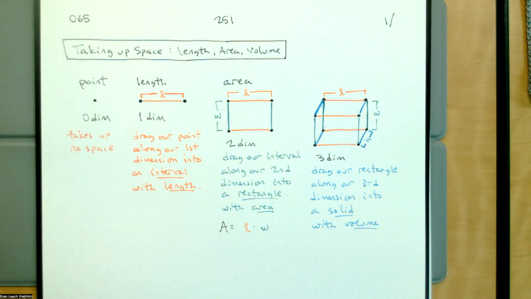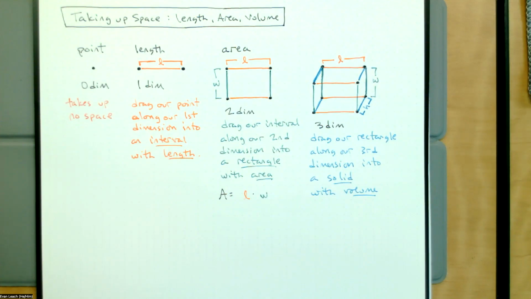And we're going to say that the solid has volume. Furthermore, the volume of our solid is just the product of the length, the width, and the height.